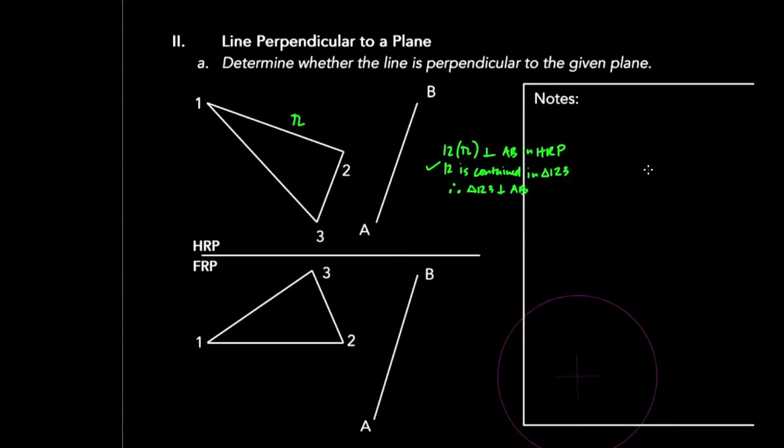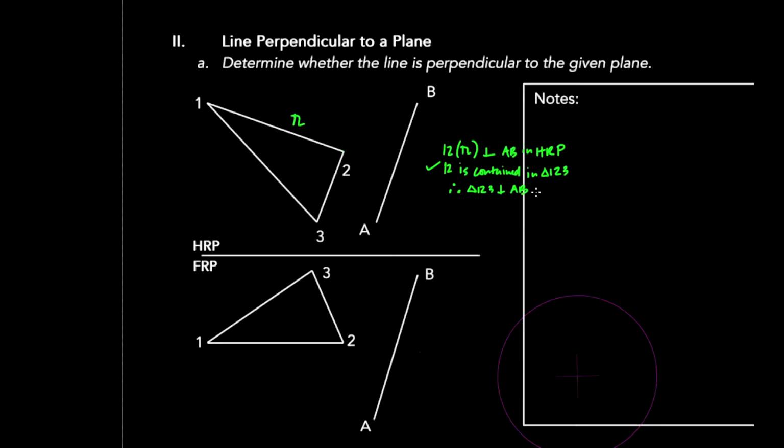Itong 1, 2 is contained in plane 1 to 3, or minsan pwede rin ang gamitin nyo is part of plane 1 to 3. I just like the word is contained in 1 to 3, no? 1, 2 is contained in 1 to 3, therefore triangle 1 to 3 is perpendicular to AB.